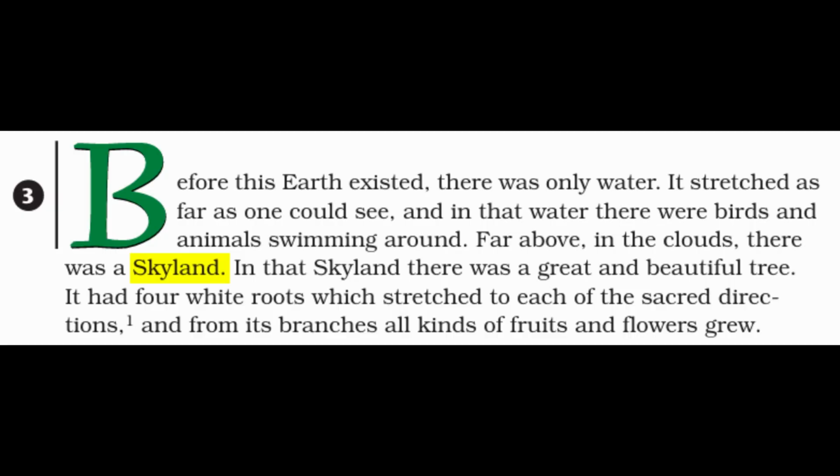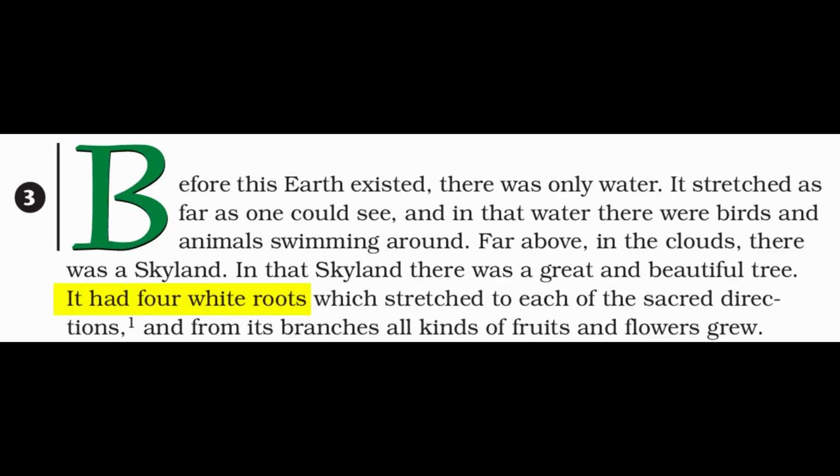But there's more. This also describes a skyland and a great and beautiful tree. While in Genesis we have the firmament of heaven, and then we have the tree of knowledge of good and evil. Now the part about 4 white roots is different, but it's also very similar in theme as well.